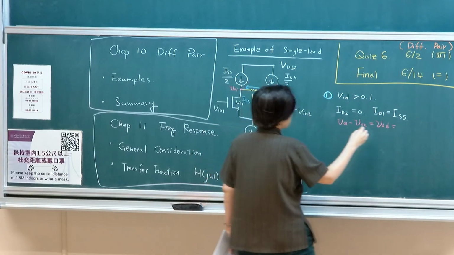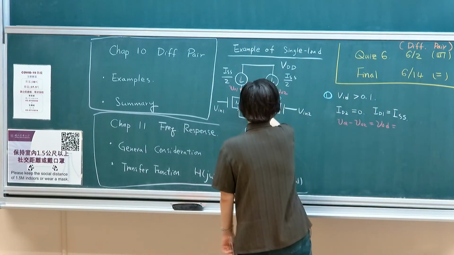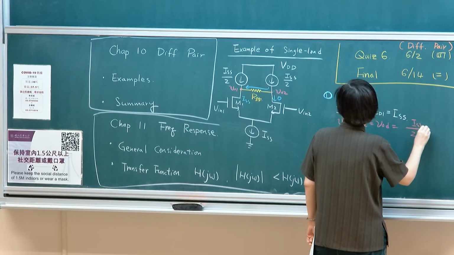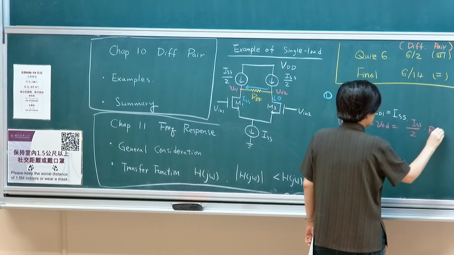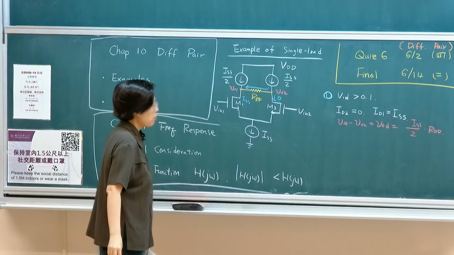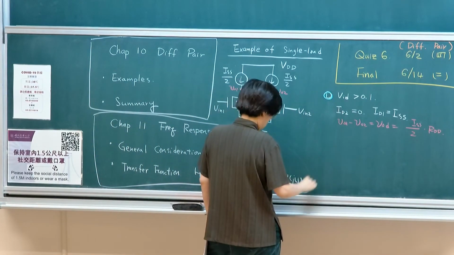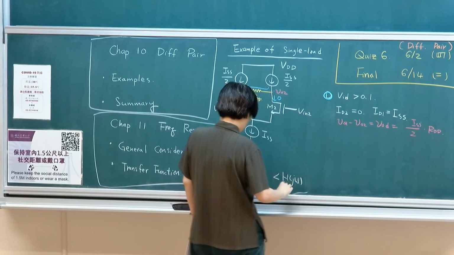At this location, it will simply be half of the current times RDD. Okay? This is condition 1. Condition 2.